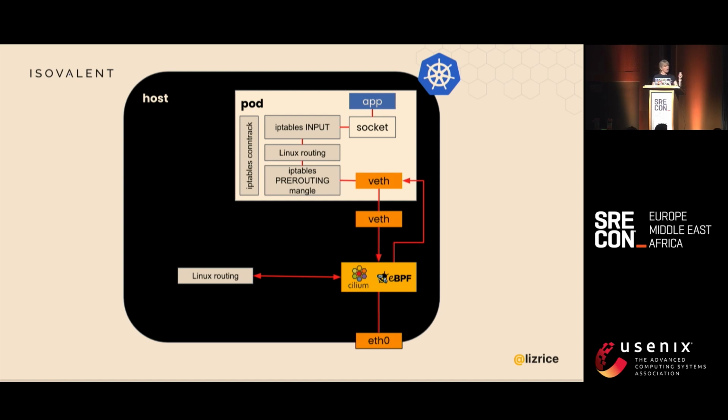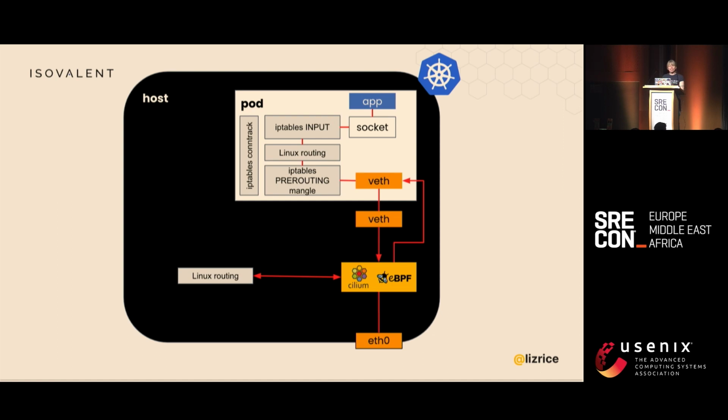So we can intercept that packet as it arrives. We know that it's destined for this particular application in this particular pod, so we can bypass the host networking and send that packet directly into the pod networking namespace, making things much more efficient.